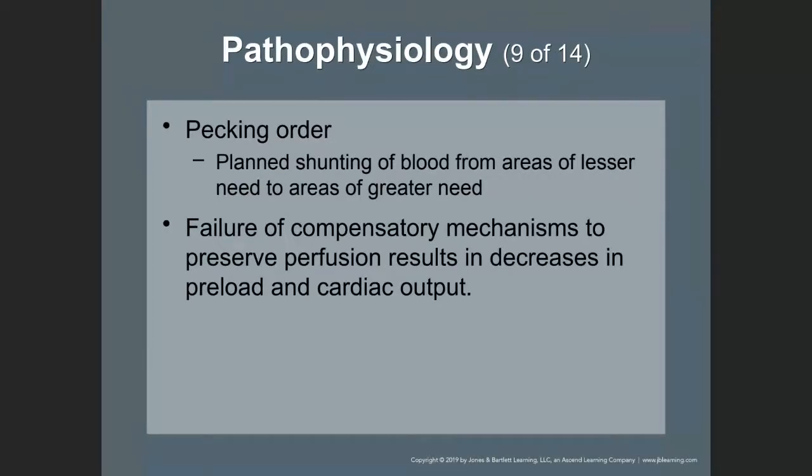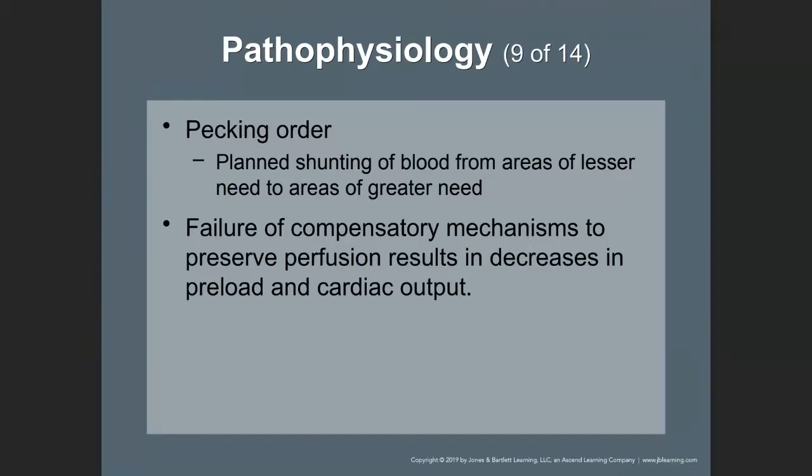Pecking order. Plan shunting of blood from areas of lesser need to areas of greater need. So that's the body's compensating mechanism. It's going to start to redirect blood flow from areas that can go without it longer than the core organs.